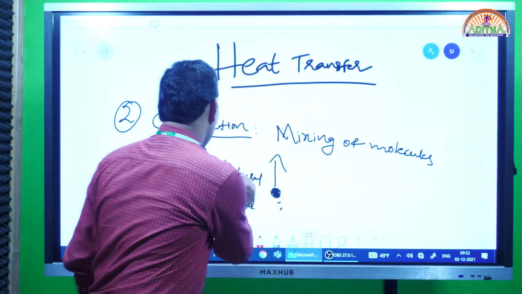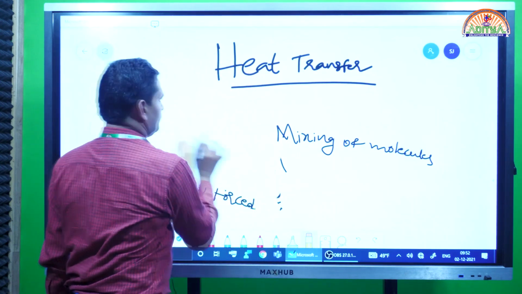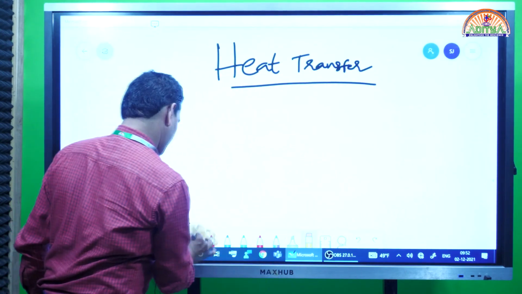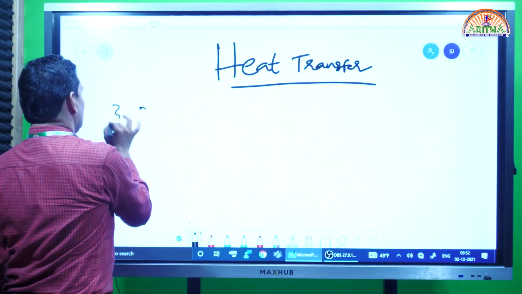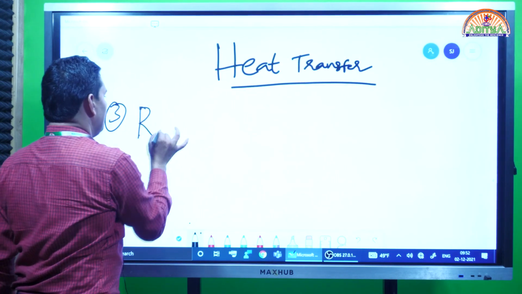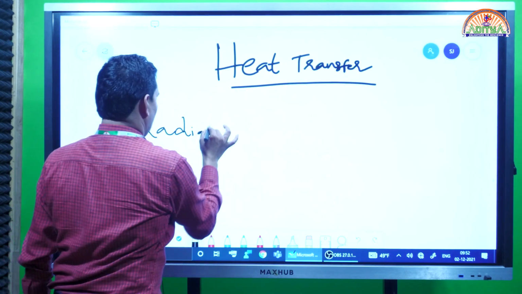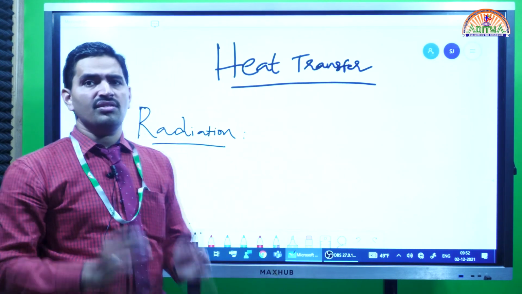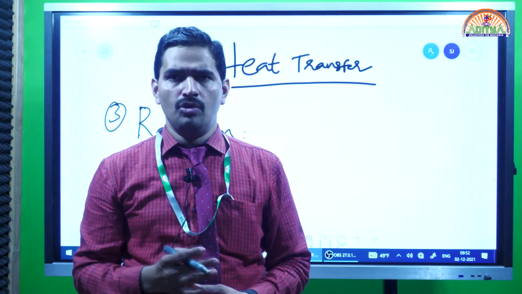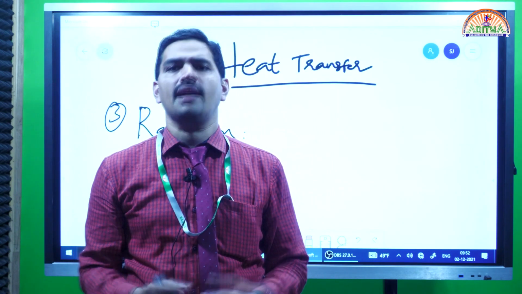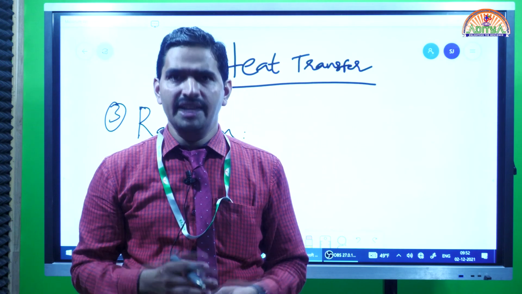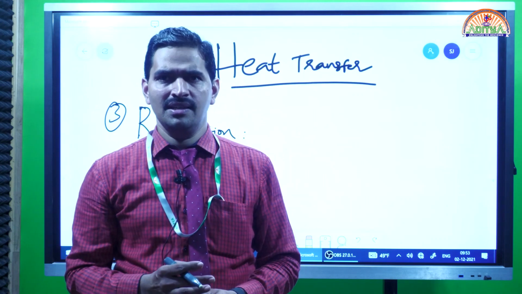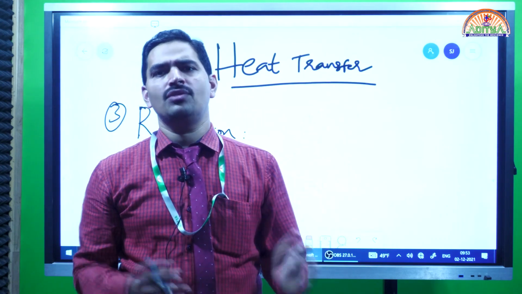Coming to the next one, radiation. Transfer of heat as electromagnetic radiation or electromagnetic waves into space is called radiation. An example is the sunlight heat reaching the earth.